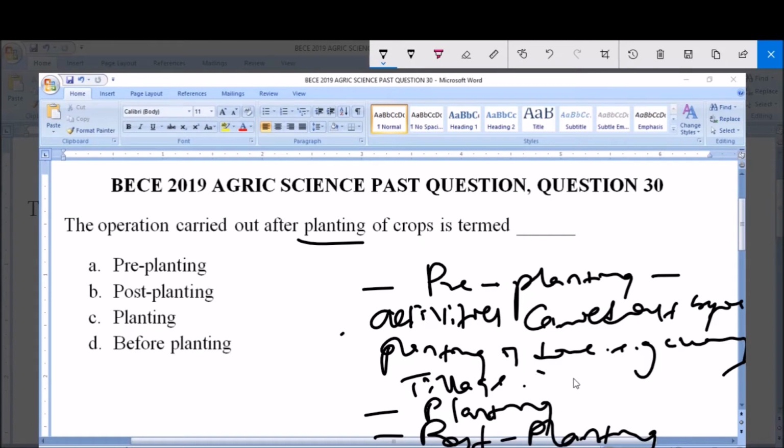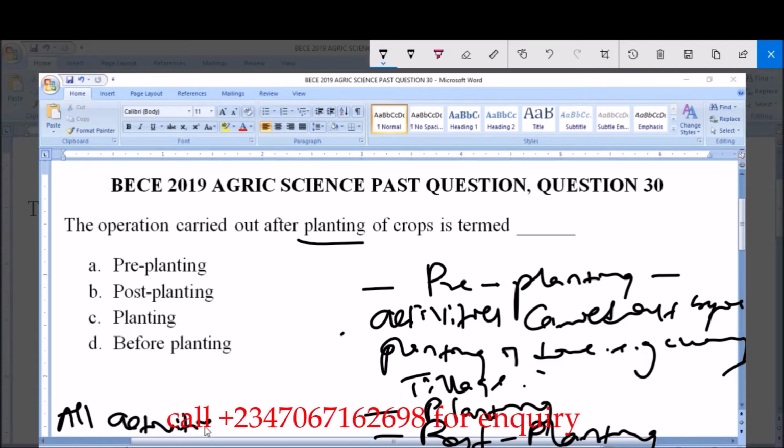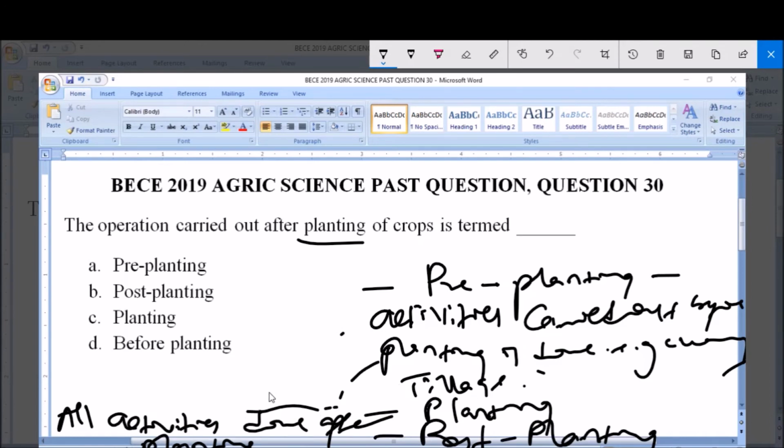This post-planting operation simply refers to all activities that are done afterwards, after planting. Activities carried out after planting are known as the post-planting operation, and this includes weeding, especially the weeding. Yes, weeding is a post-planting operation.